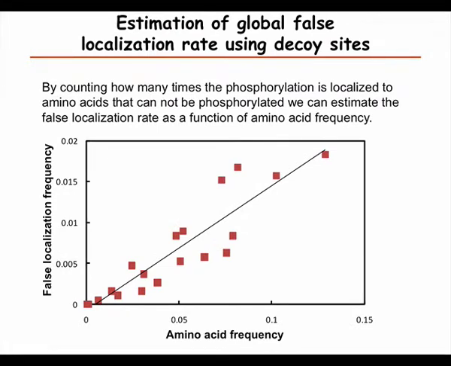One thing that one can do is try to estimate the global false localization rate in a big sample. In this case we have a reasonably large data set, and we want to know how often we localize in the wrong place.